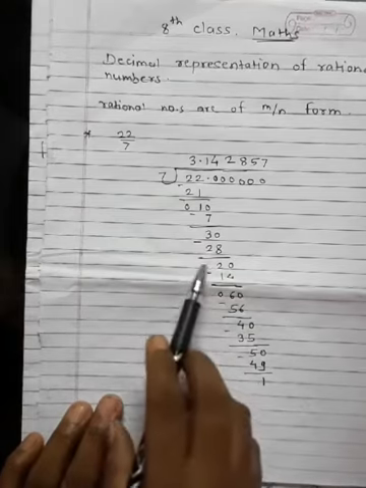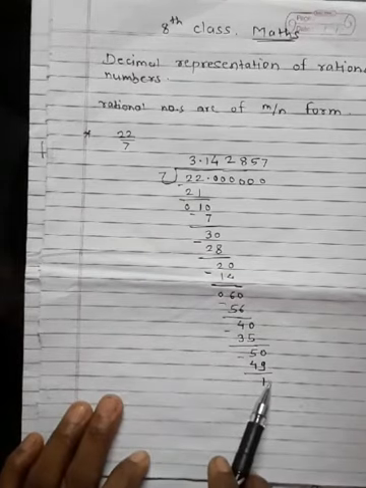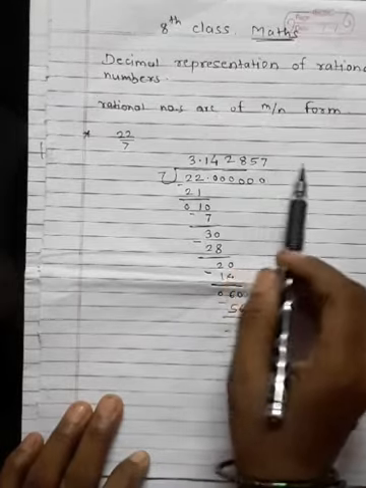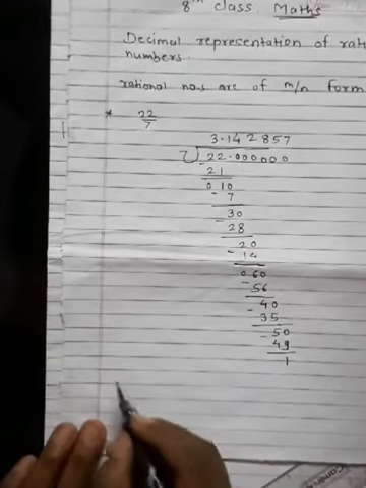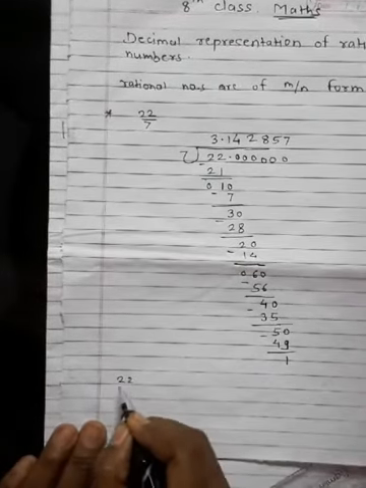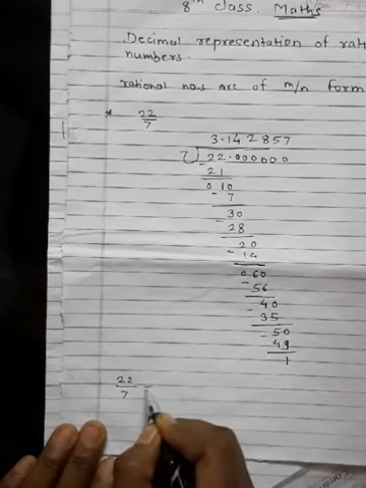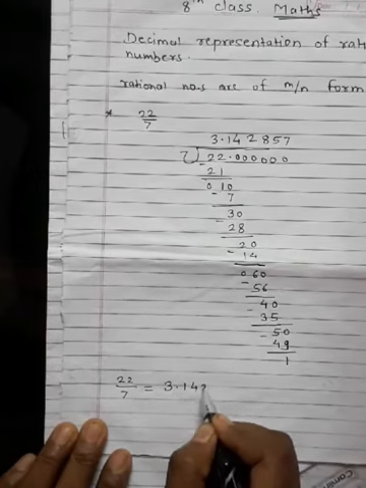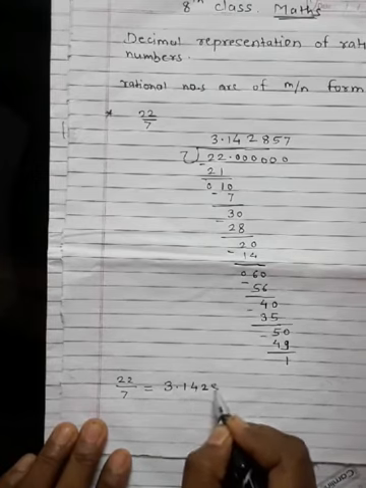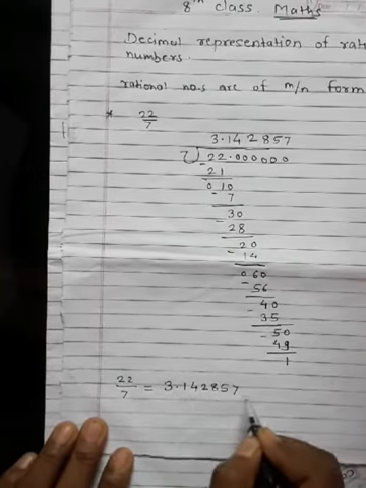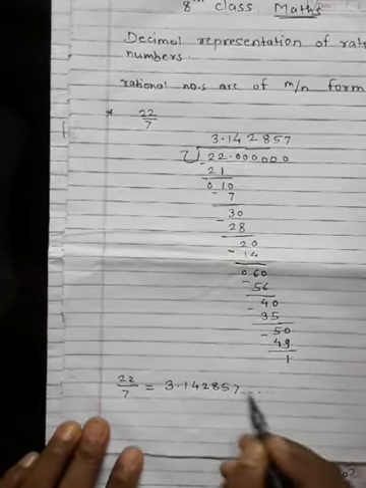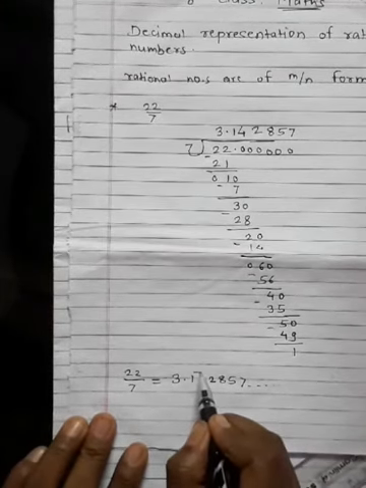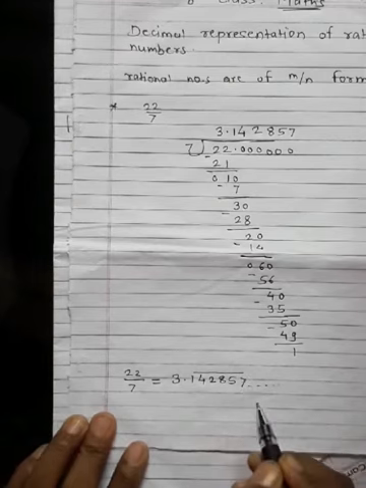Then again 4. After this the division starts again and these numbers come again, and therefore 22 upon 7 is equal to 3.14285 and so on. That's why this group repeats again and again.